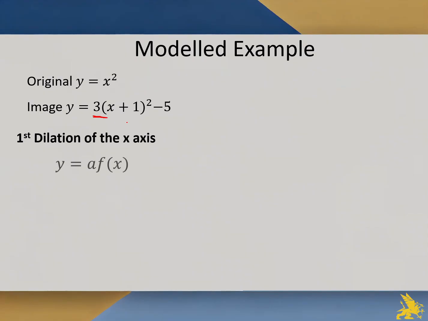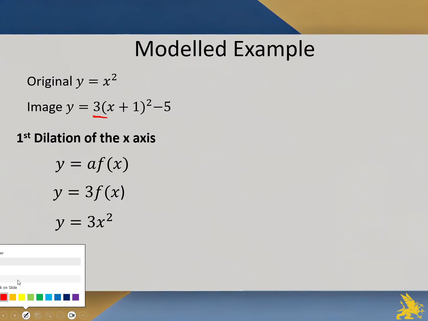We can think about it as y equals a f of x, and so I've just got that 3 there. So I can just put that 3 out the front. That's saying I've got a dilation factor of 3 from the x-axis.